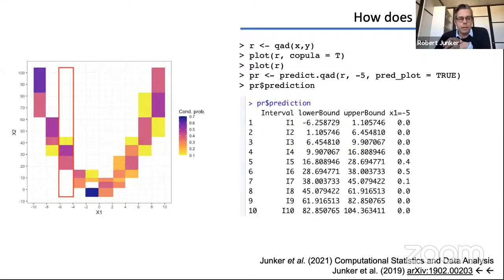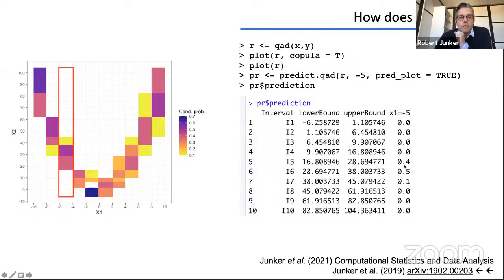We thought that is sometimes not the best way of reporting predictions, because sometimes it may be more than one value, or the confidence interval is so large that we should have a better option to look into the data. And so now we get the information how likely X2 is within one of the 10 intervals that we defined by the resolution.